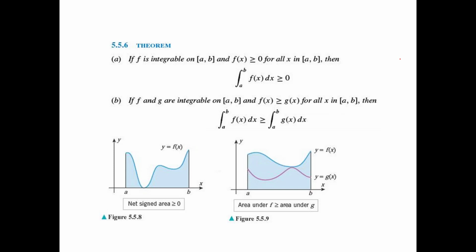Next one, also fairly intuitive, right? If f and g are integrable on [a, b] and f of x is greater than g of x for all x in [a, b], then the definite integral from a to b of f of x, the area under the curve of f, is more or equal to the area under the curve of g, right? So those two are fairly intuitive.